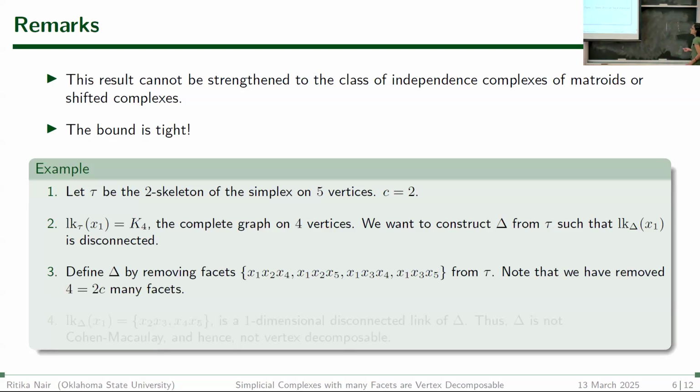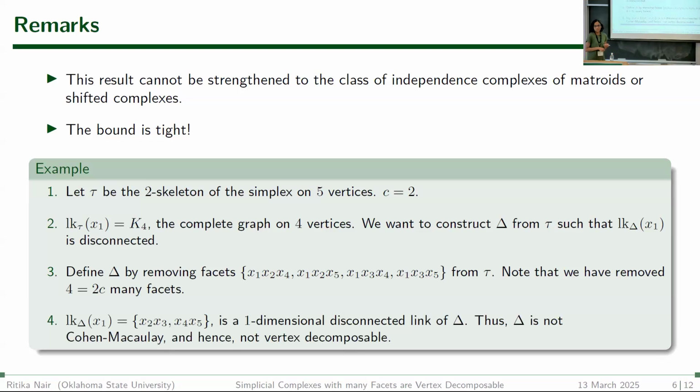Okay, it's going to be disconnected. So as mentioned there, the link is just a disconnected graph. Basically, every other facet that gave connections between these, we removed. Those are the 4 facets that we removed, so that the link of x1 is now disconnected. This is not Cohen-Macaulay. Hence, this complex is not going to be vertex decomposable. So this bound cannot be improved.